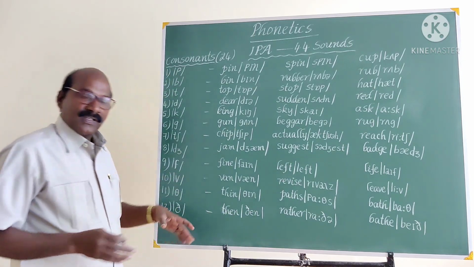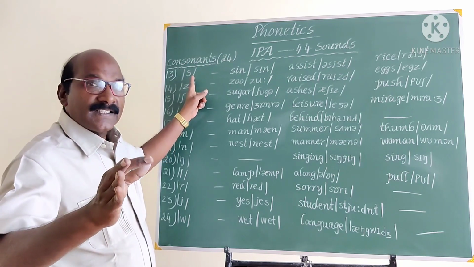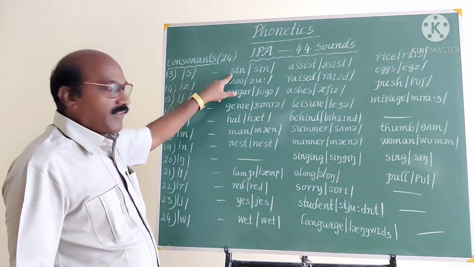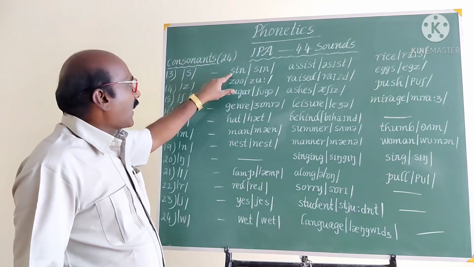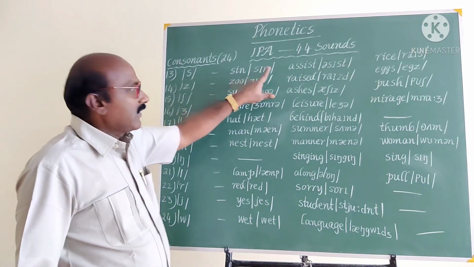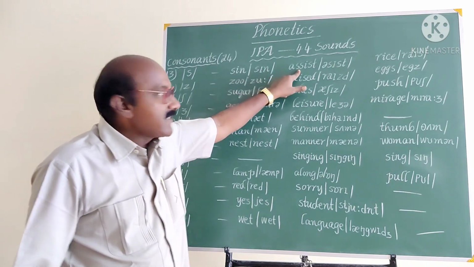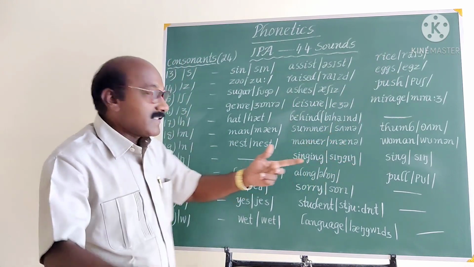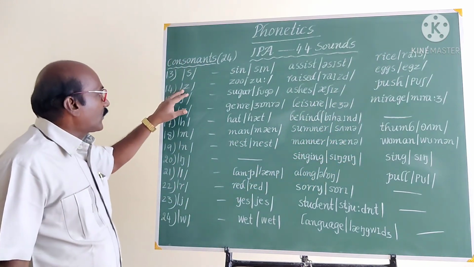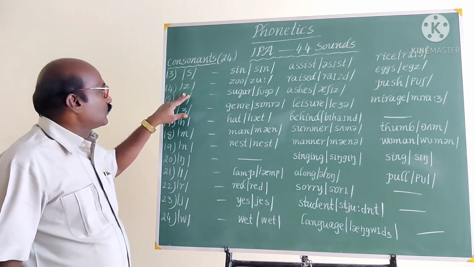And let's know about the other sounds also. This is the sound of s, as in sin. Initially, the sound of s occurs as in sin, medially as in assist, and finally as in rise. And this is the sound of z. We don't have this sound in Telugu.